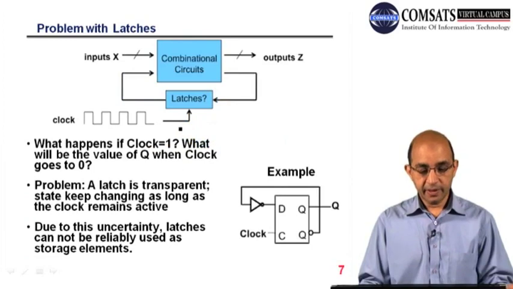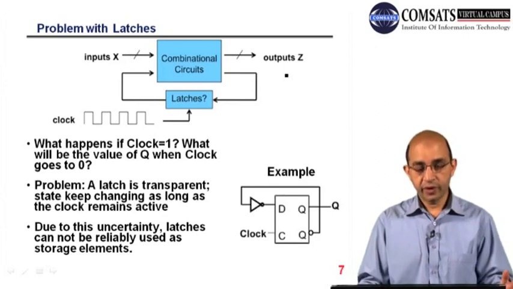But there is some problem with the latches, which we studied in the lecture before. The problem is, for example, if we have clock equal to 1, what will happen to the value of Q when the clock goes to 0, so it goes from high to low?